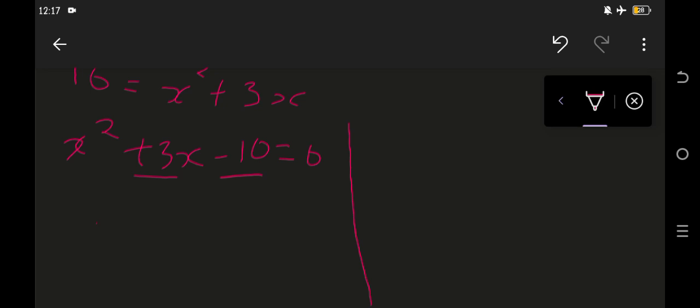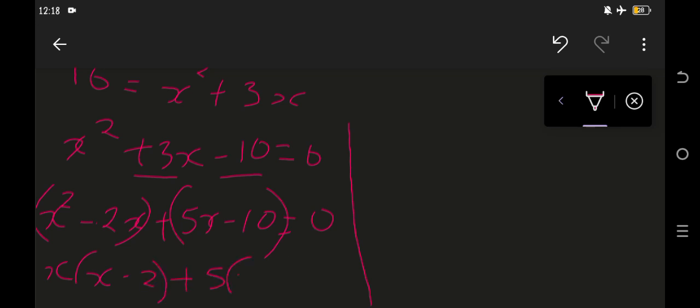So then you will write x squared minus 2x plus 5x minus 10 is equal to 0. Then we solve that, factorizing it. x into x minus 2 plus 5 into x minus 2 is equal to 0.